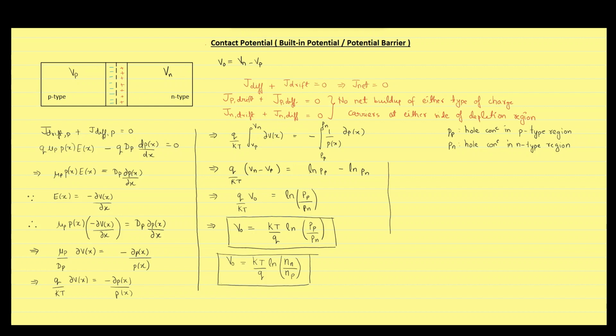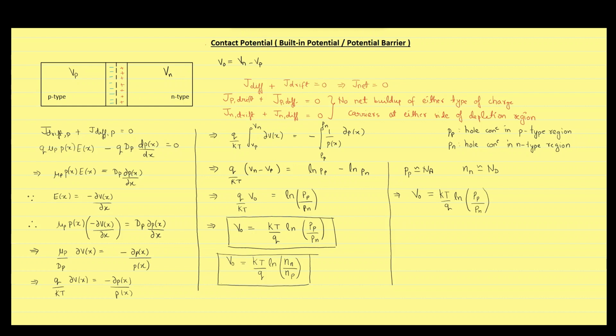Assuming a general non-degenerately doped semiconductor in which the hole concentration in the P-type region is approximately equal to acceptor impurity concentration and free electron concentration in N-type region is approximately equal to donor concentration, we have the formula for contact potential like this.